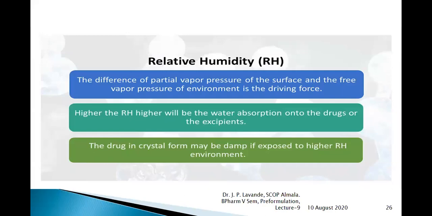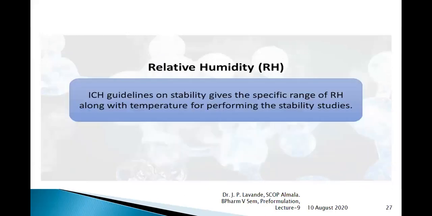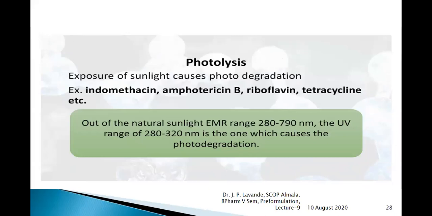The drug in crystal form may become damp if exposed to a higher relative humidity environment. The ICH guidelines on stability give the specific range of relative humidity along with temperature for performing the stability studies.